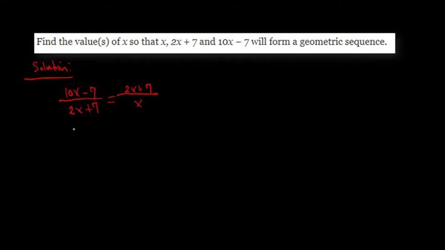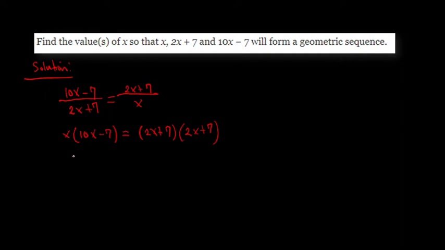Then we can cross multiply. So we have x times 10x minus 7 is just simply equal to 2x plus 7 times 2x plus 7.